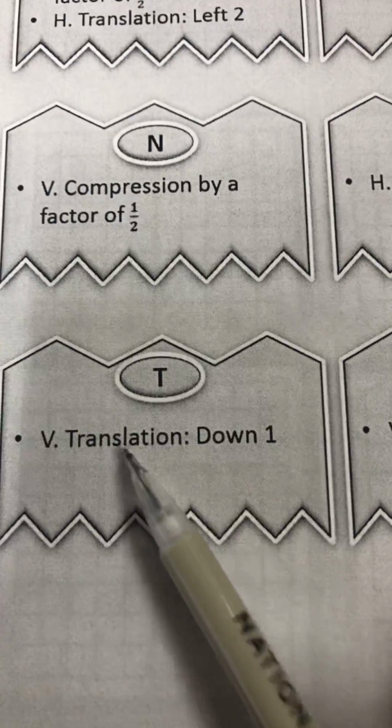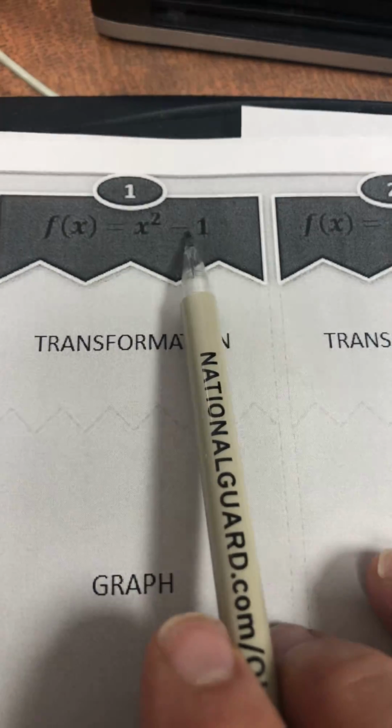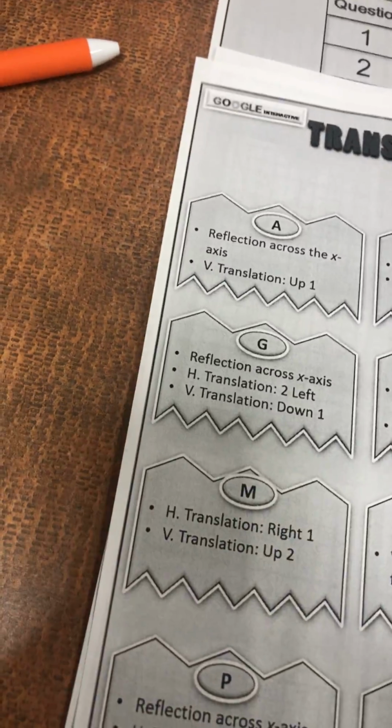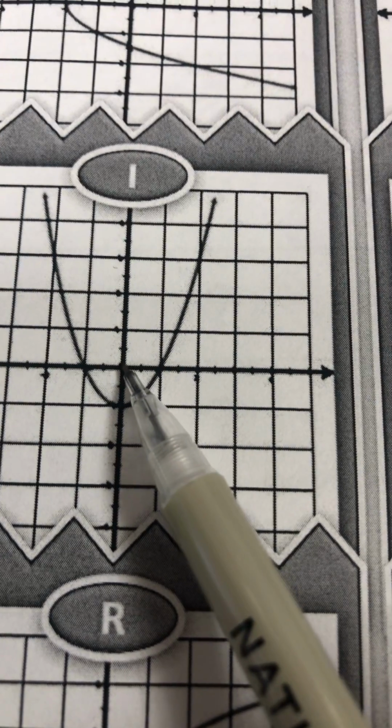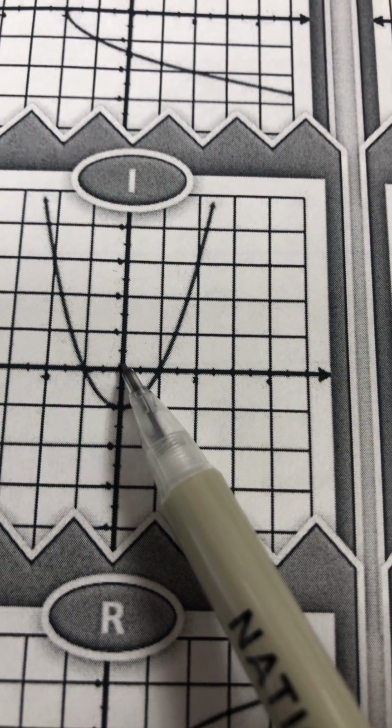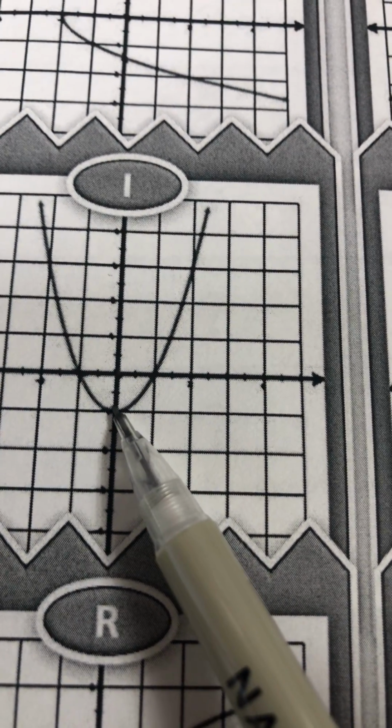It's a vertical translation down 1. Okay, because this is down 1. So T goes there, and then I is the graph. I is right here. So this, starting at the origin, goes down 1. So that's why I would go there to TI.